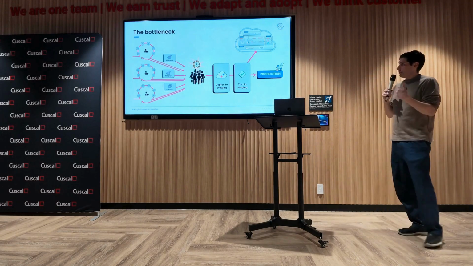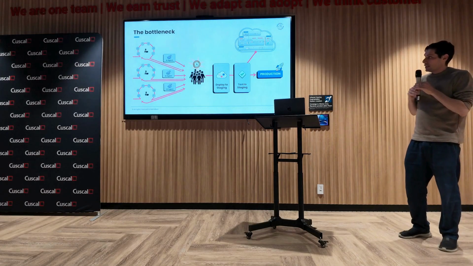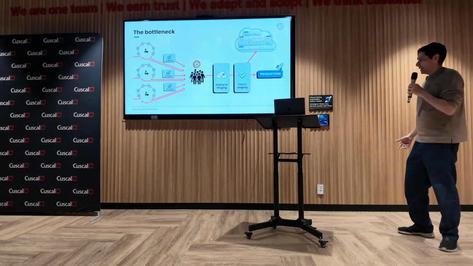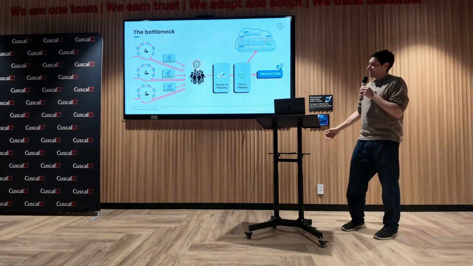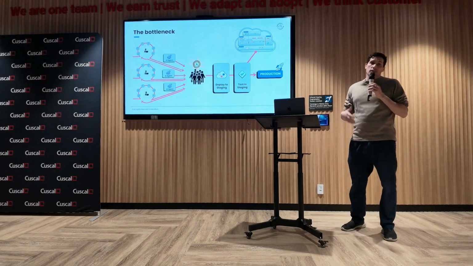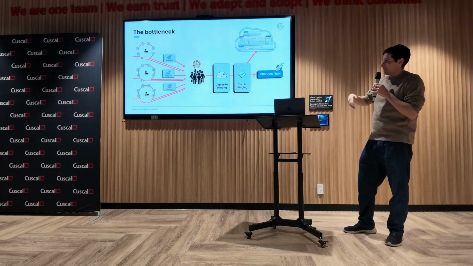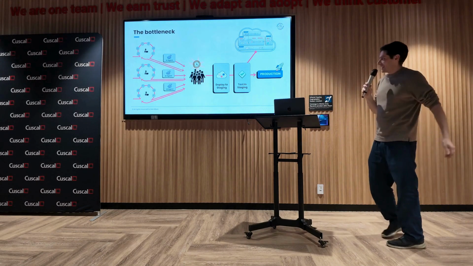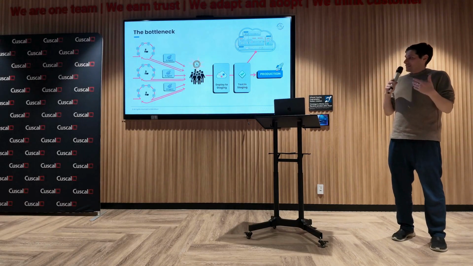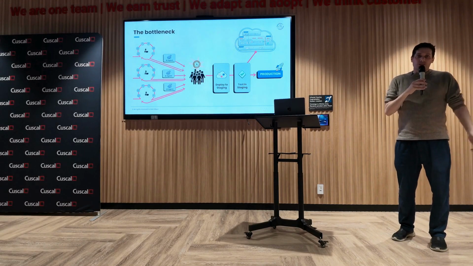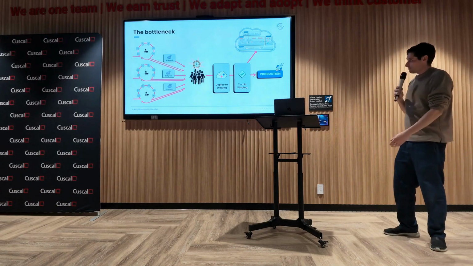Looking at this from a dev loop perspective, especially considering the rise of agentic coding tools, the inner dev loop, which is there on your left-hand side, we can now write and produce code faster than we ever could before.